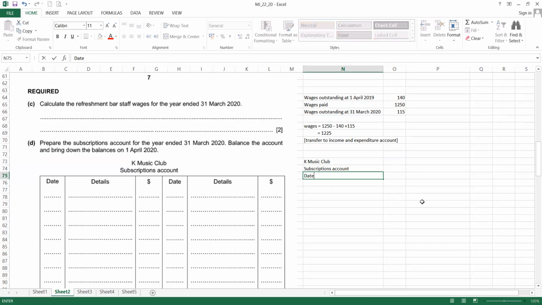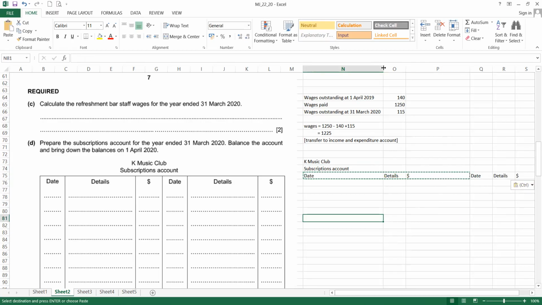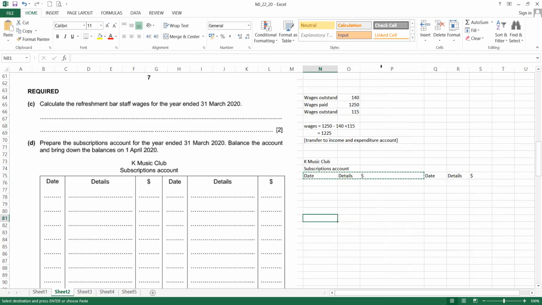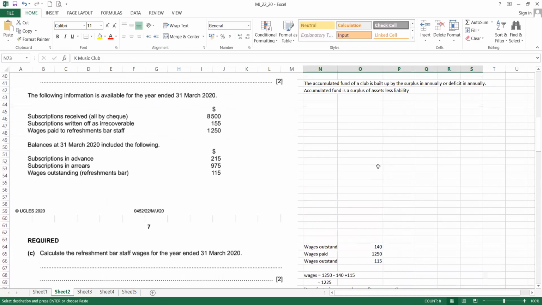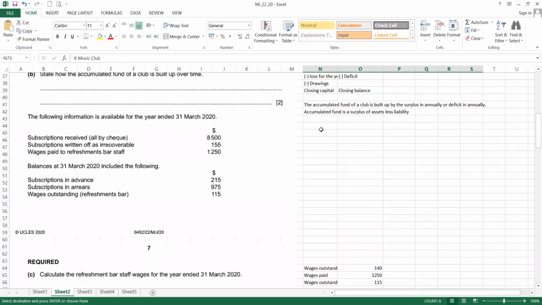Okay, date, detail, and dollar. Okay, let me move up so that the information is there. Okay, I put it into here.